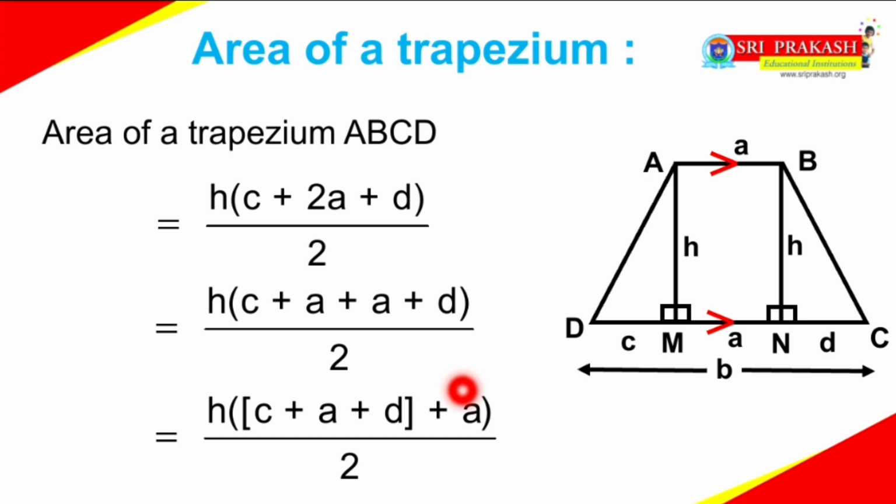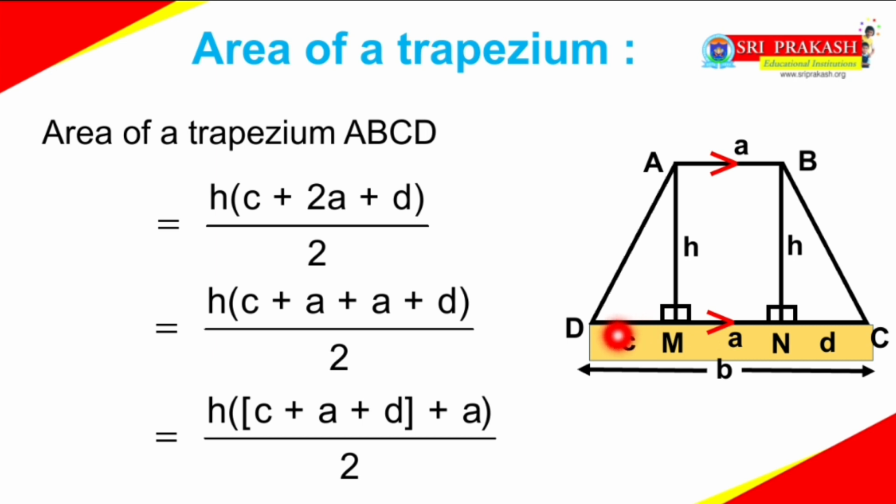Now look at the figure, children. From the figure, D to M is c. Next, M to N is a. Next, N to C is d. Now, let us add all these three together.